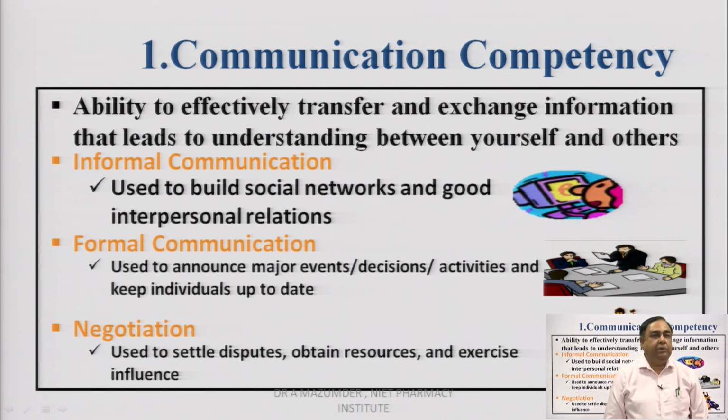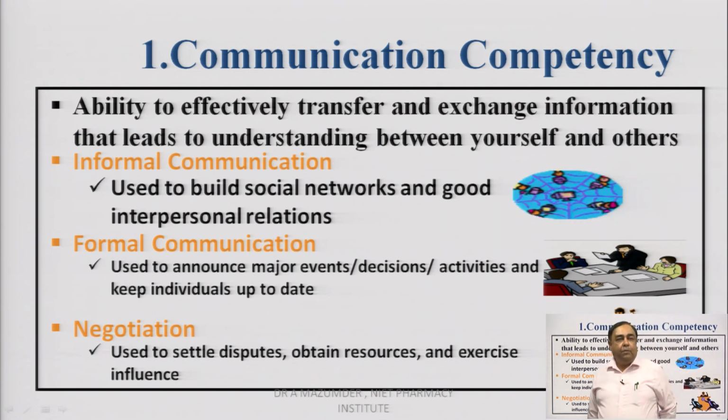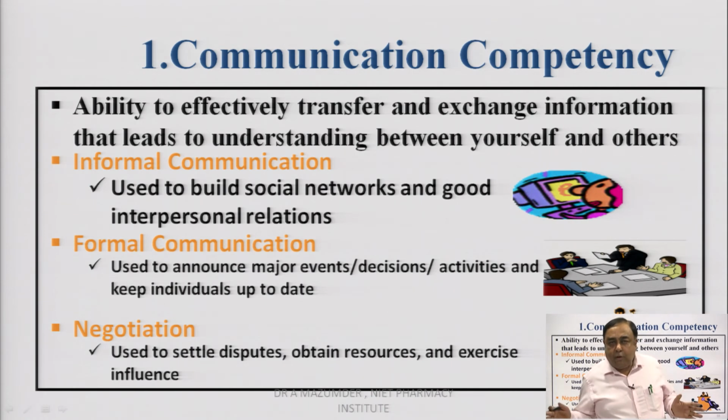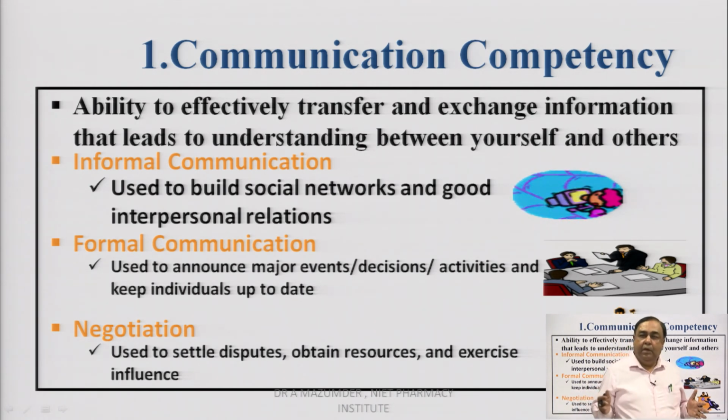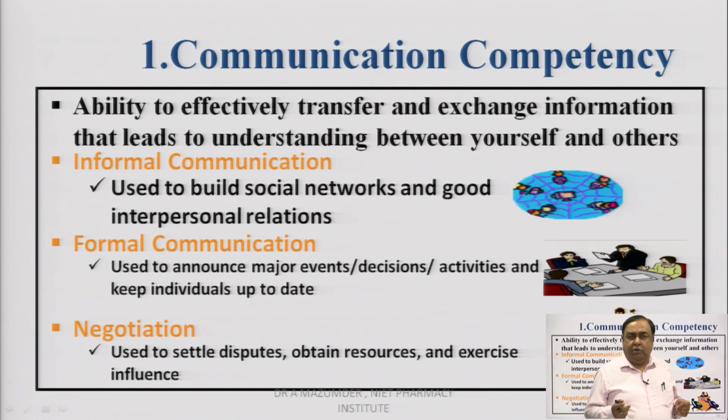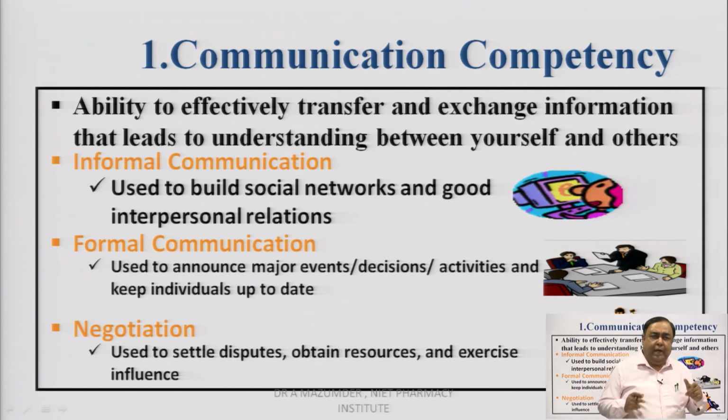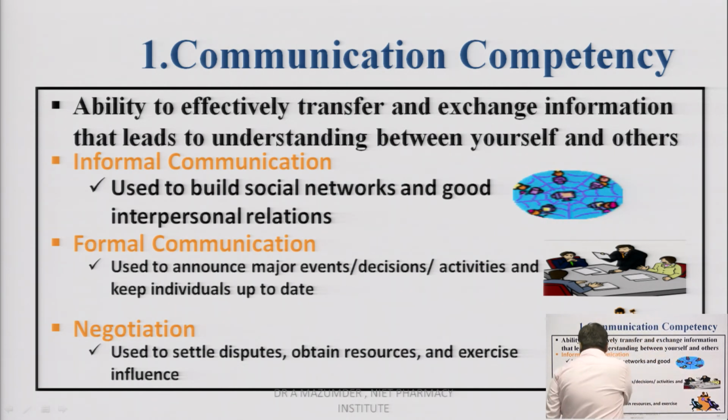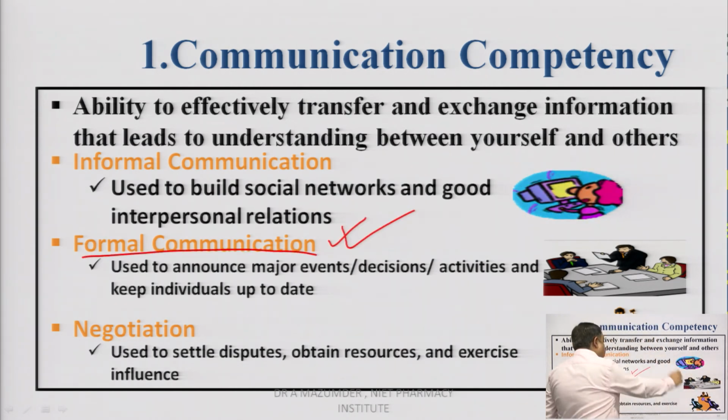Communication is basically of two types. Informal communication takes place across WhatsApp and all the social networks. It tries to develop a good interpersonal rapport, a very good interpersonal relationship. Whereas in all organizations, formal communication is very important.